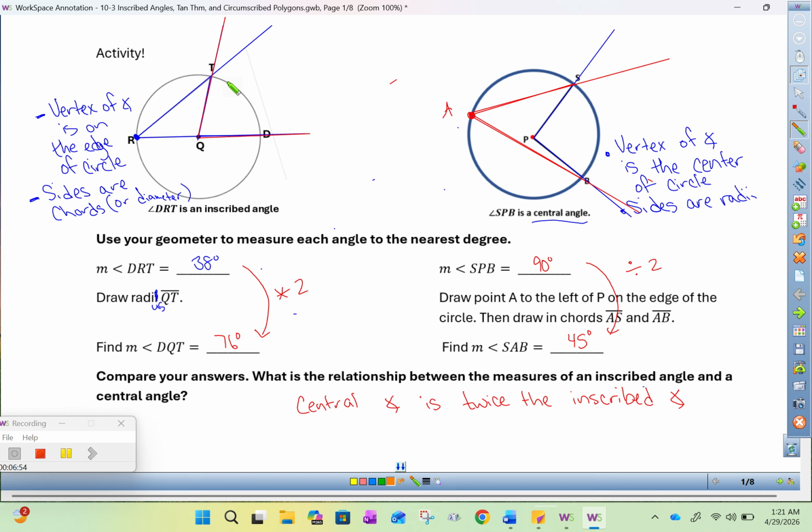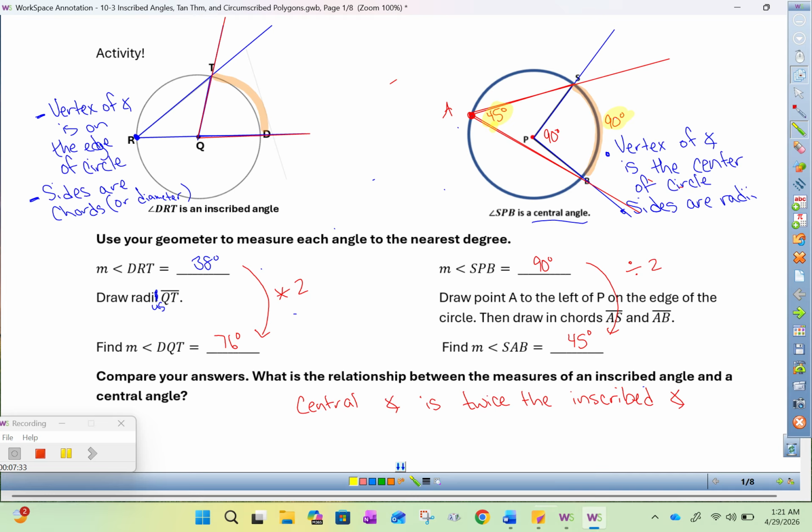So I want you to highlight or darken this. You'll notice that I set up this problem so that the two angles that you were instructed to draw intercepted the same arc. And that's how we're going to use this to answer some questions on your practice today. We learned from last class that if the central angle was 90 degrees, that meant the measure of the arc was 90 degrees. So now that we know about inscribed angles, this being 45, we can get from the inscribed angle to the arc measure using that same relationship of double.